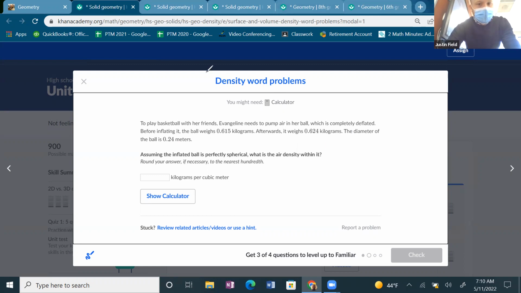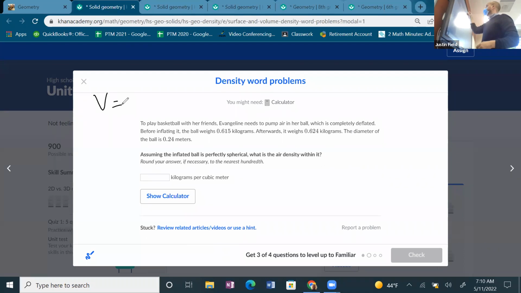Okay, so the volume of a sphere. We've not talked about the volume of a sphere. The sphere's volume is 4/3 pi r cubed. So write that formula down. And let's find the volume. We need the radius to do that. So we know the diameter is 0.24.